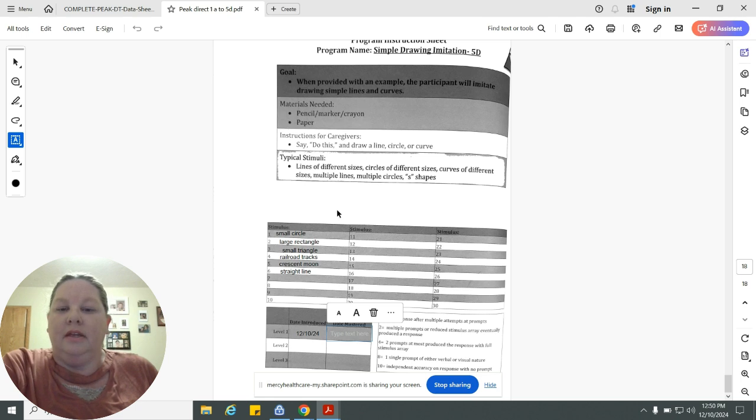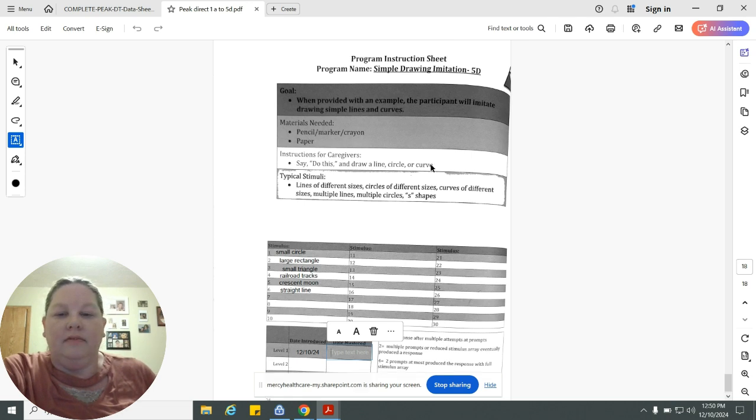Sometimes they struggle with the overall concept, and that's when we have to look at generalization, and then use a different set of programming sheets to work them up to those steps. As long as we're pulling from the back, I do have these saved in the shared drive under my folder, and it's labeled Peak Materials and then Peak DT for direct training, because we're going to make another folder for generalization, equivalence, and transformation.